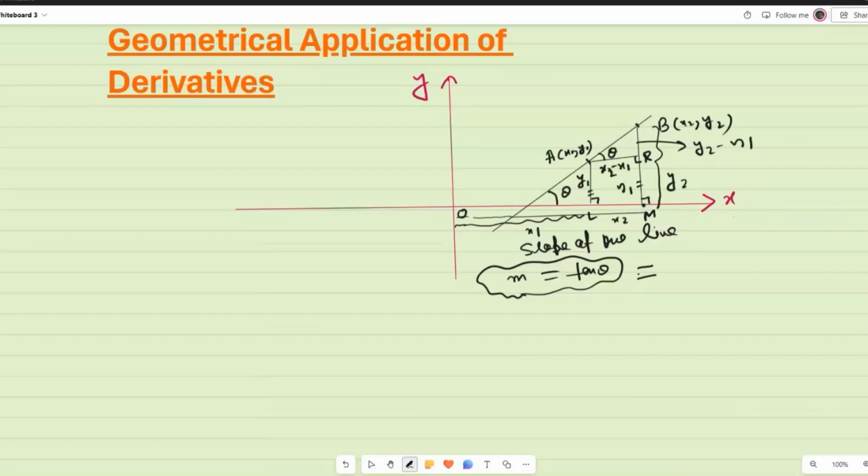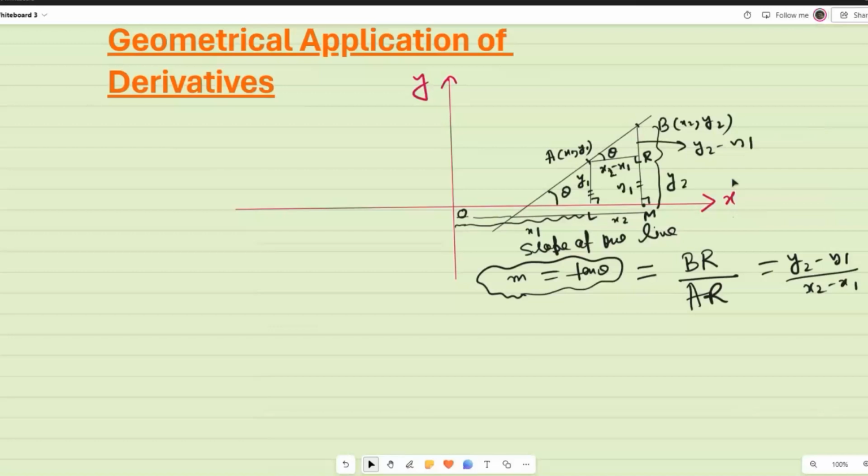The slope of tangent, tan theta, we can also write as BR by AR, which is nothing but y2 minus y1 divided by x2 minus x1. This is the slope of tangent. Okay.